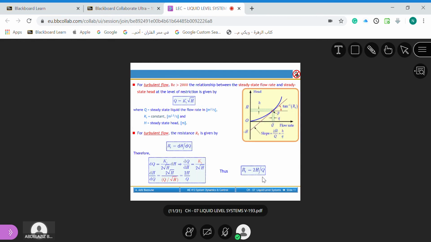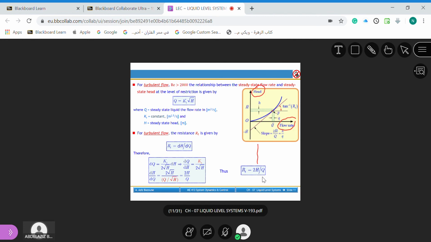For turbulent flow, Q is given by KT square root of H. And if you draw the relationship between Q and H, this is what you will find. Here you draw the head H on the y-axis and the flow rate Q on the x-axis.